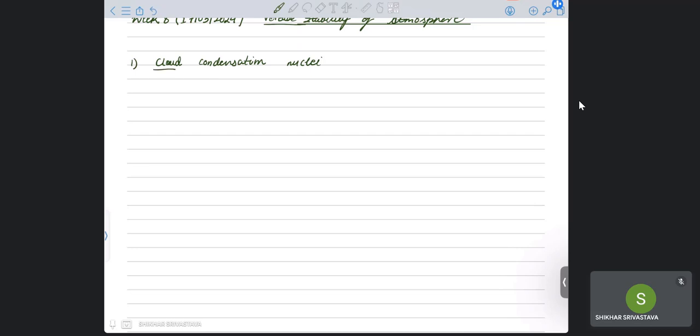when we have condensation in the atmosphere and the formation of cloud, you need a certain surface. Any condensation process requires some surface to occur. For example, when you take a cold water bottle out of your fridge and keep it on the table, after some time droplets start forming on the outer surface of the bottle. That is just condensation.